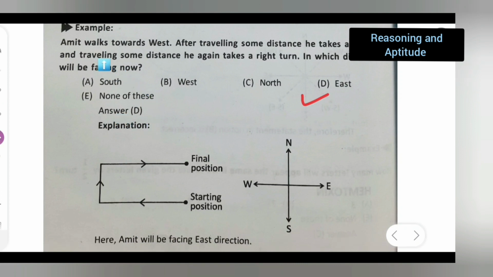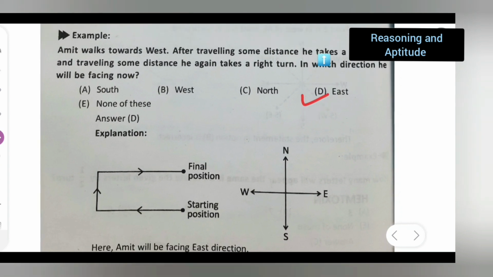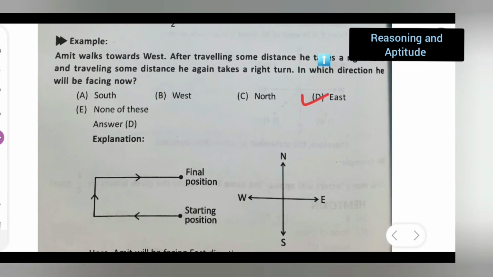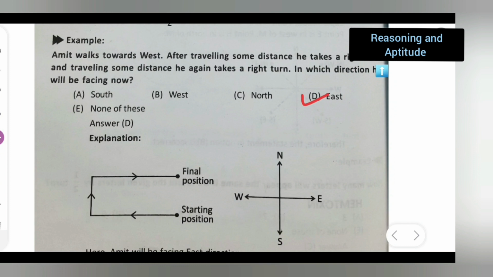Here Amit walks towards west. After traveling some distance, he takes a right turn. The starting position is over here, so Amit is walking towards the west. After traveling some distance, he takes a right turn, and after traveling some distance, he again takes a right.